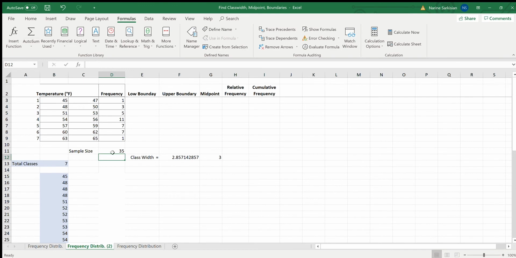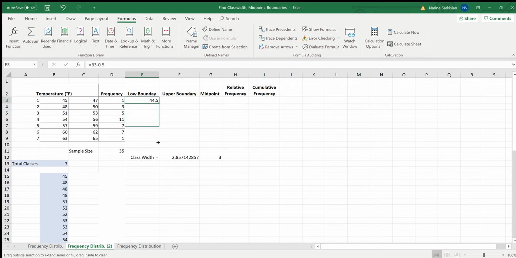Now, moving to low boundary, adjustment. We are going to adjust the low boundary. To adjust it, equal sign, we take this low boundary of the first class and do minus 0.5. Why 0.5? Open the video lecture I recorded and you will find out why. Since I put 0.5 in the formula, I don't need to freeze 0.5.